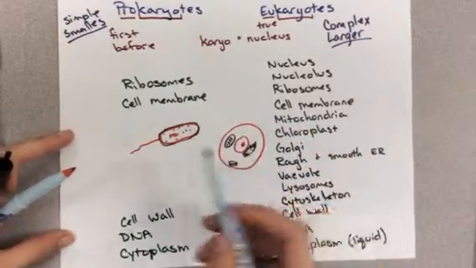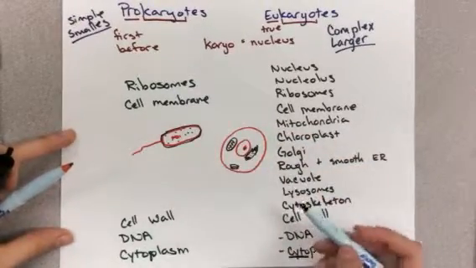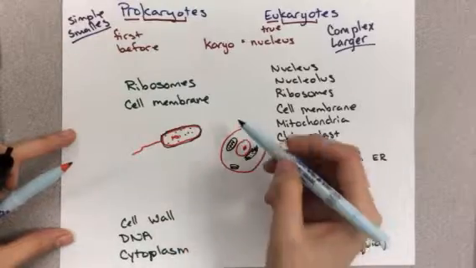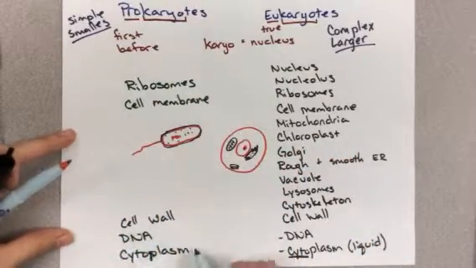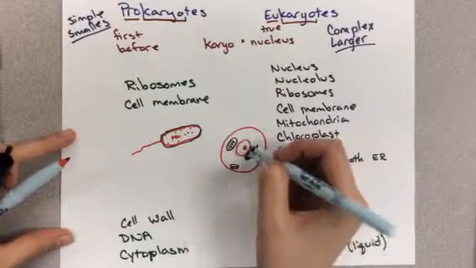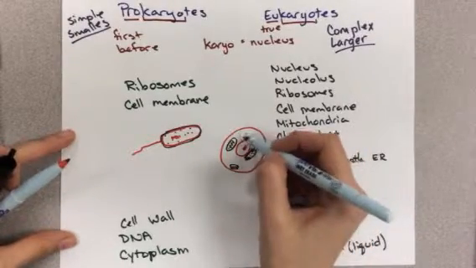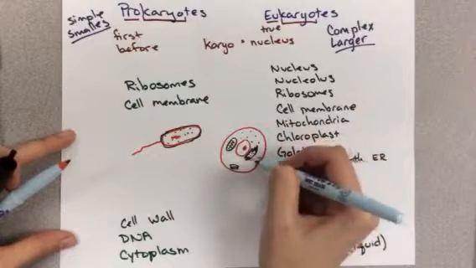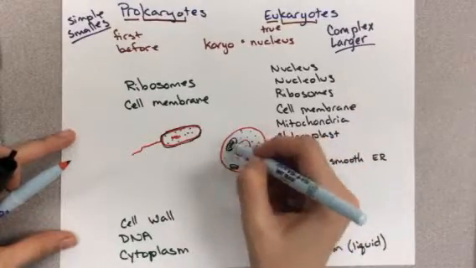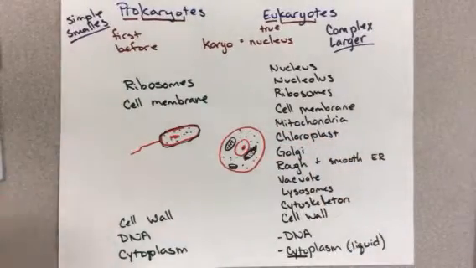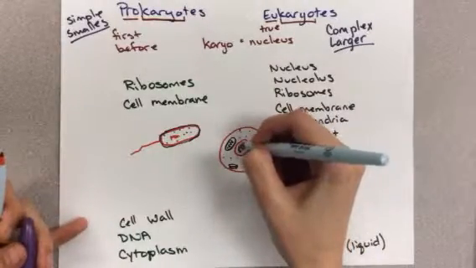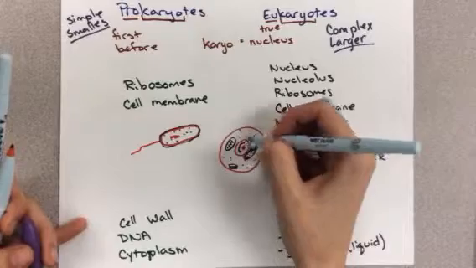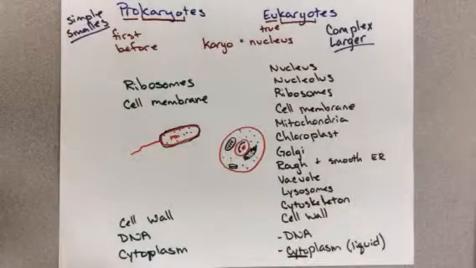So there are many different parts in the eukaryote that are not found in the prokaryote. But don't forget that ribosomes, DNA, and cytoplasm are in every single cell, every type of cell. So we still have ribosomes in our eukaryote. But also keep in mind that the DNA is present. It's just going to be inside of the nucleus. It's contained within the nucleus.